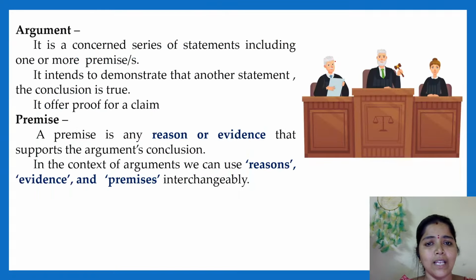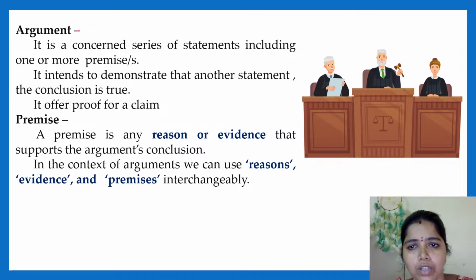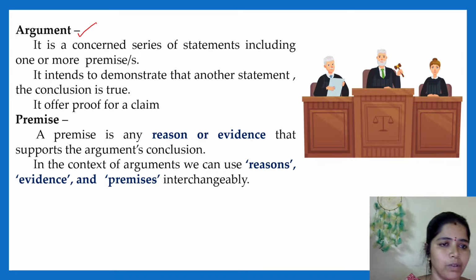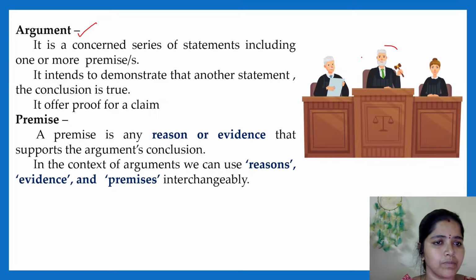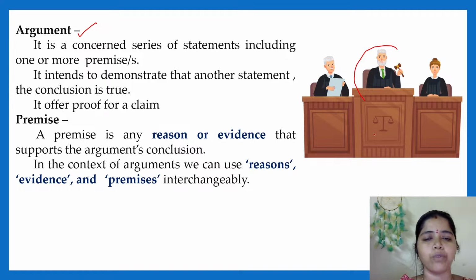So when we move to logical reasoning, there are a few terminologies that we keep on repeating. The first terminology is called argument. This is a court scenario where a judge will be there. Two lawyers will be arguing with each other to come to a conclusion.